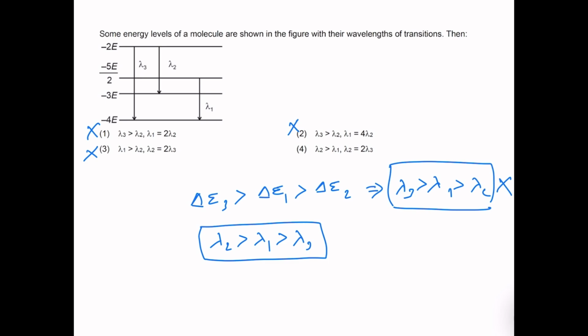Is lambda 2 equal to 2 lambda 3? That we can check. So, lambda 1 divided by lambda 2 will be equal to delta E2 divided by delta E1, because energy is inversely proportional to wavelength.